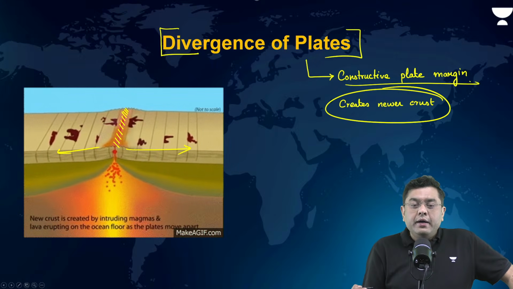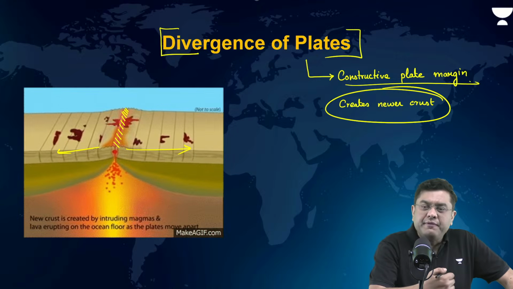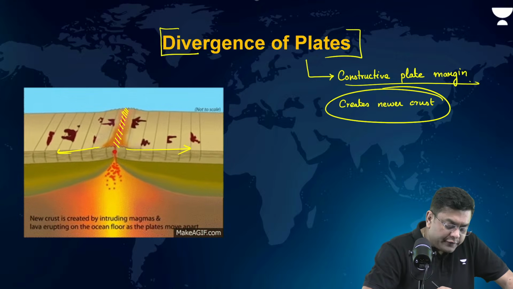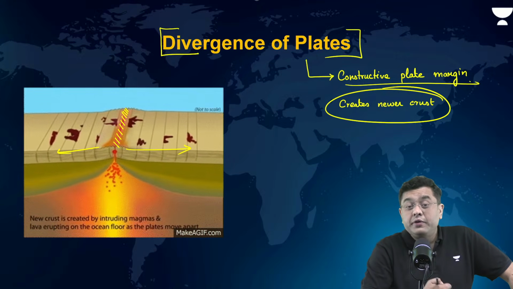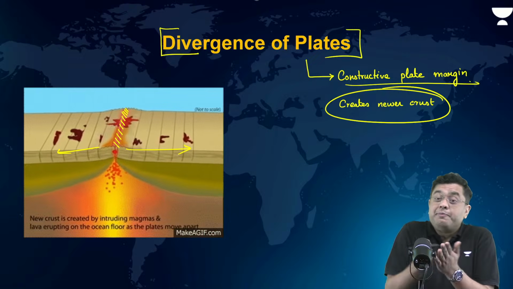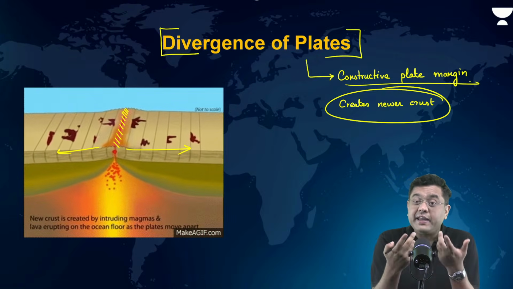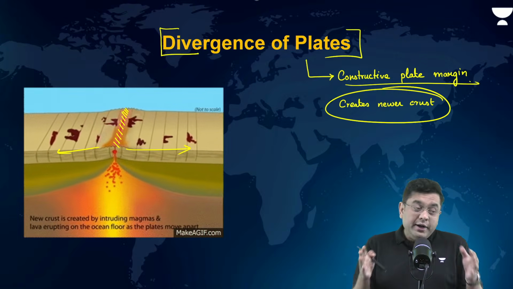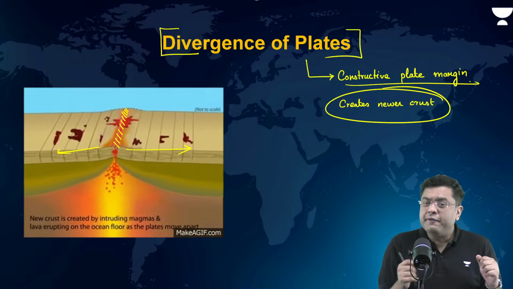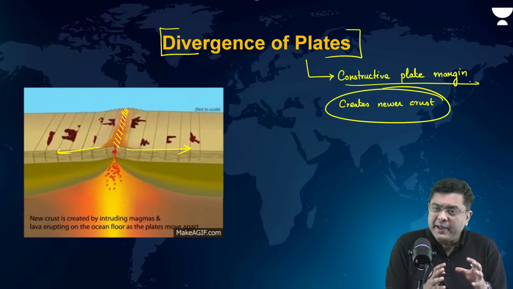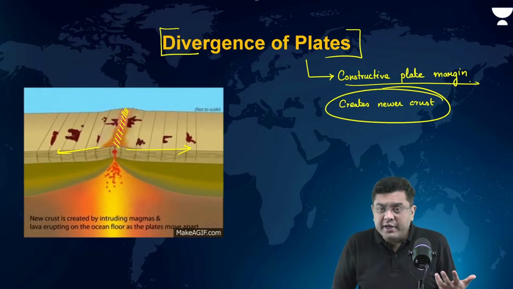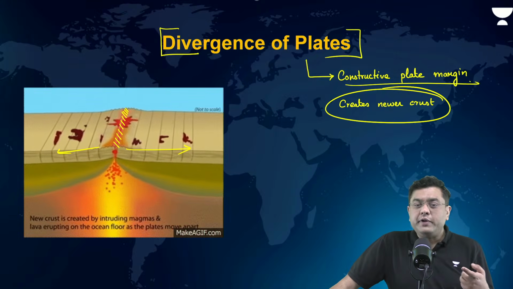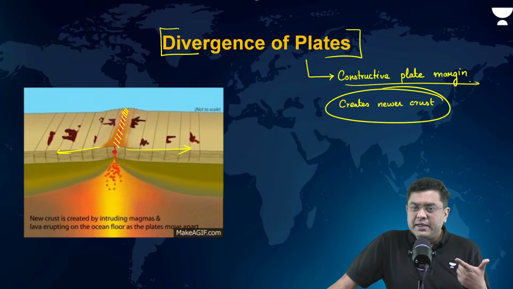Now, for example, when we talk about the case of, let's suppose, seafloor spreading or expansion of the Atlantic Ocean, that is the case of divergence of plate. North America is moving away from Eurasian plate. South American plate is moving away from African plate. So that is what is leading to the divergence of plate. Okay.